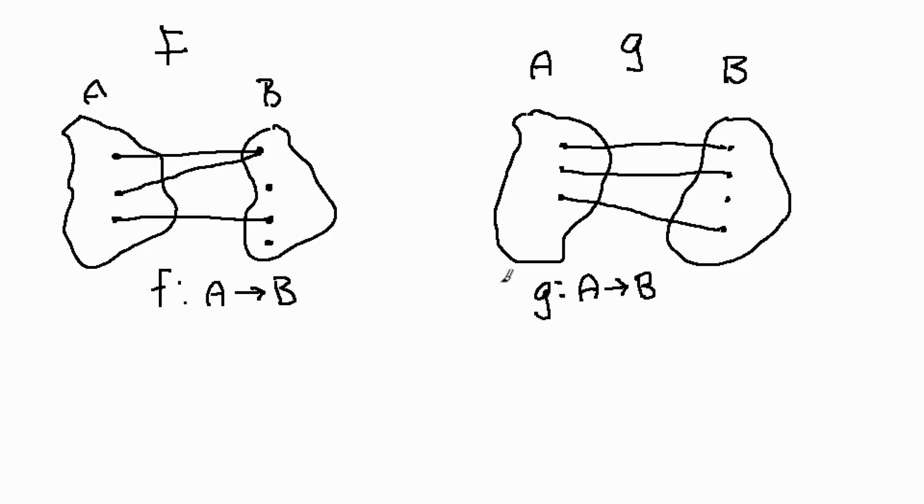And we can see that both F and G do this. But there's something very different about G than there is F. Notice that what happens over here, we have 2 different points that got mapped to the same point over here.